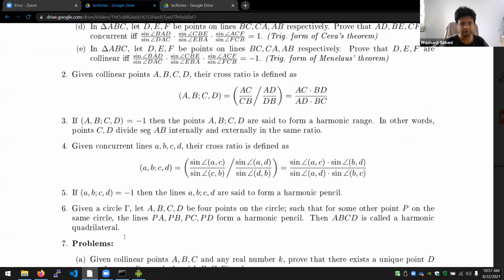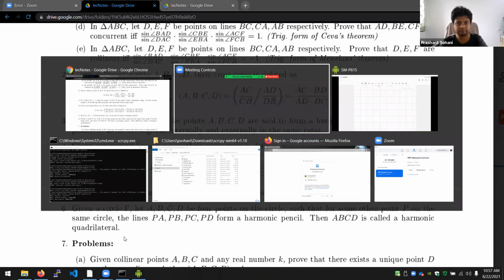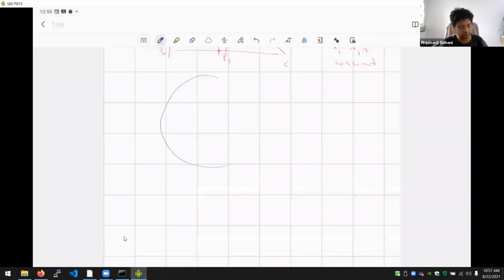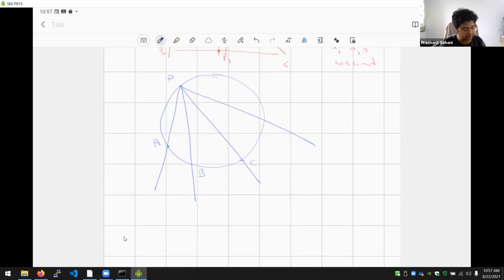That is what this is. So if you have a circle and some point P, and through this point P there happens to be a set of 4 harmonic lines. Okay, then wherever they intersect the circle, these points A, B, C, D, they are called a harmonic quadrilateral.